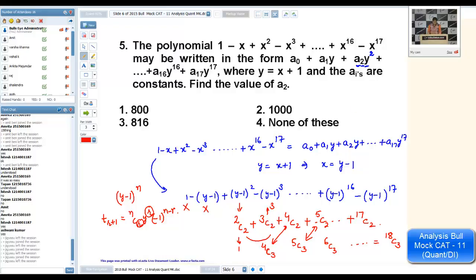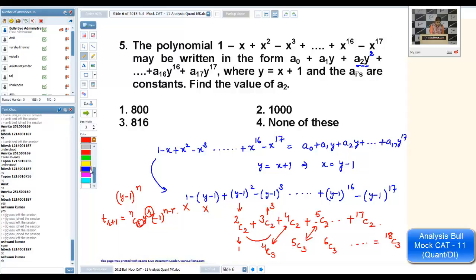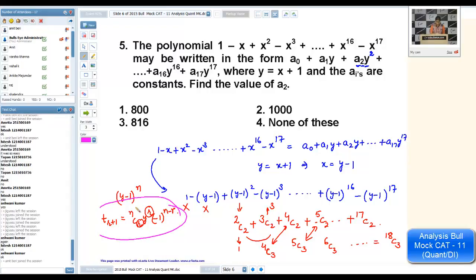There can be one more thing. Ashwini Kumar, okay. We are trying to find the coefficient of y square, so I have written the general formula. We write T(r plus 1), the (r plus 1)th term in the expansion of (y minus 1) whole raised to power n. This is nCr into y raised to power r times minus 1 raised to power n minus r.